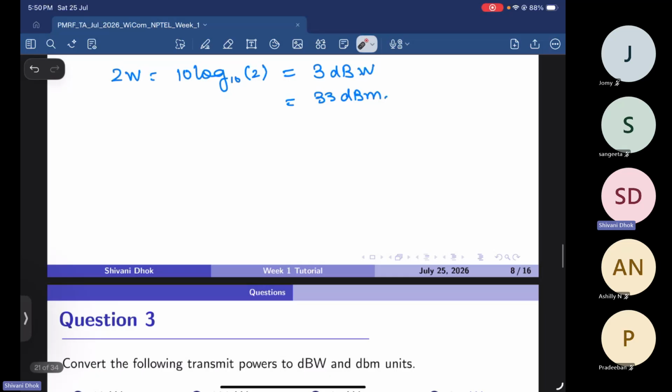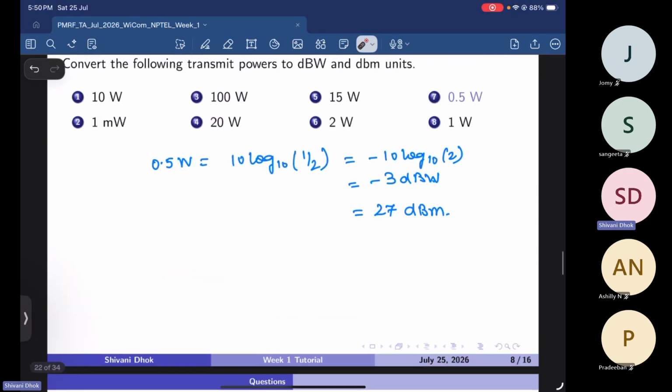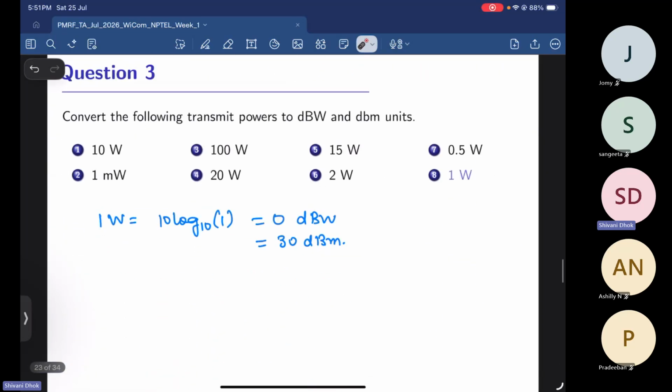If you subtract the 0 from that 3, you get a 3 dB difference. So when you double the power, you get a 3 dB gain in your system. Similarly, you have minus 3 dB here, which corresponds to 0.5. If you multiply 0.5 by 2, you should get again a 3 dB gain. So minus 3 plus 3 corresponds to 0, that is 0 dBW.